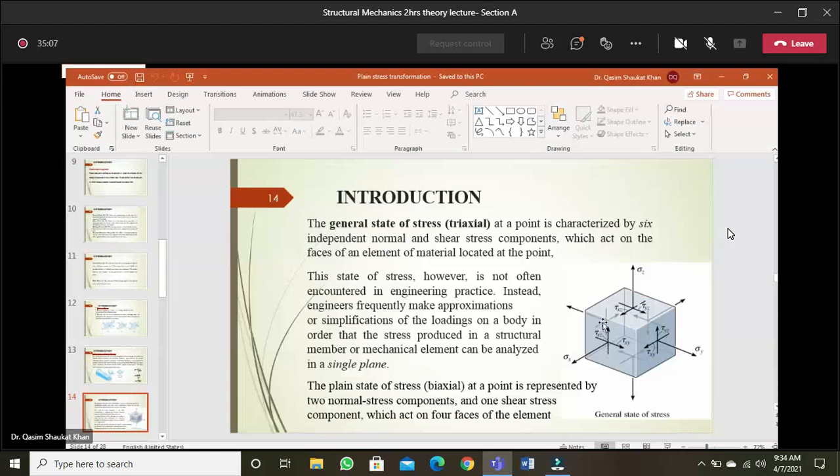Now this shear stress is acting upwards towards the z direction, so it has been designated as tau xz. This one is tau x and it is acting in the y direction, so this shear stress will be tau xy.